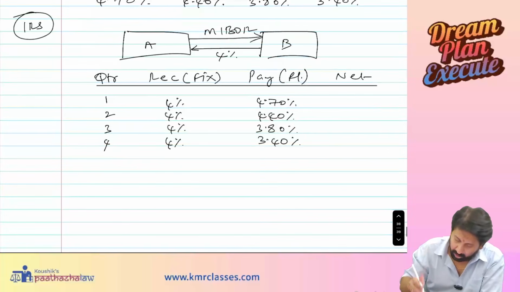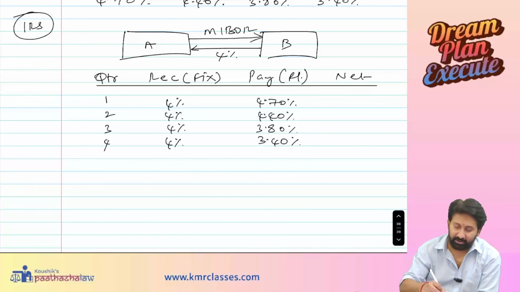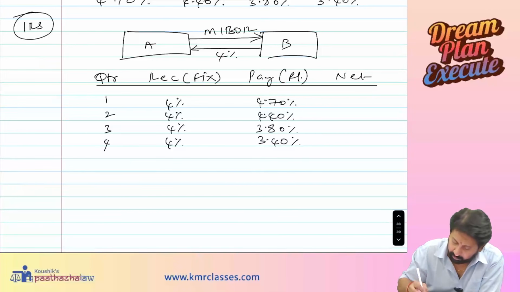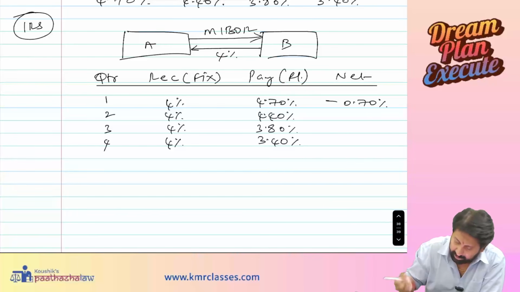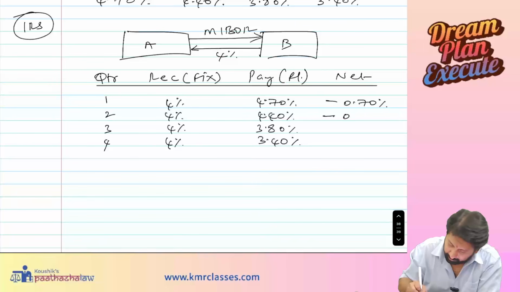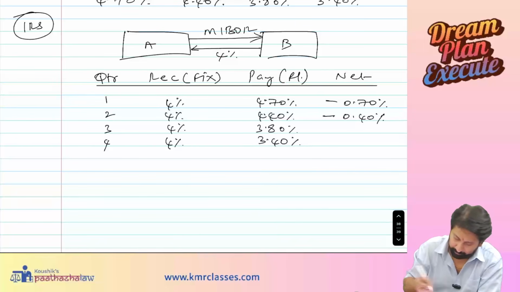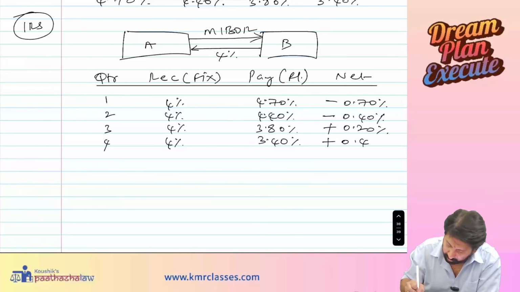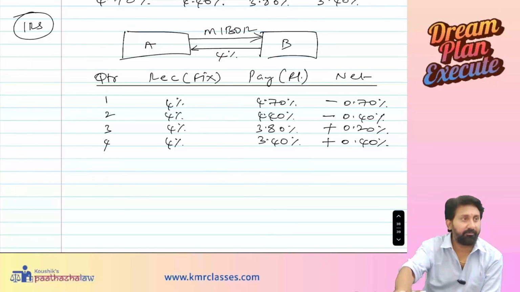Now listen. How much will I get? Receive 4 and pay 4.7, minus 0.7. Receive 4 and pay 4.4, minus 0.4. Receive 4 and pay 3.8, plus 0.2. Receive 4 and pay 3.4, plus 0.6.